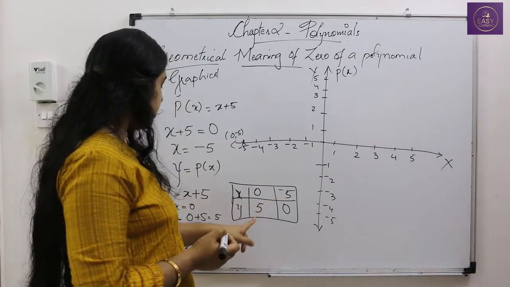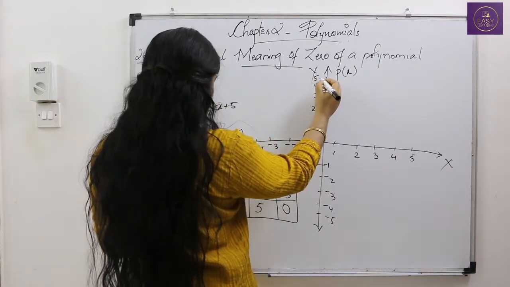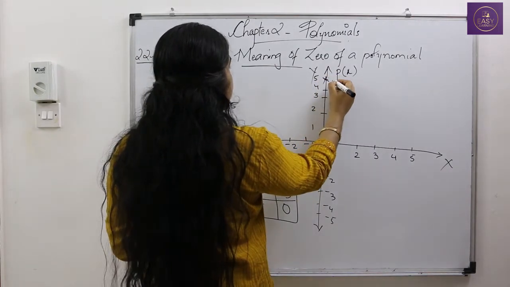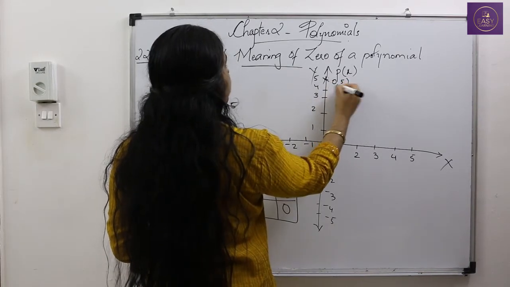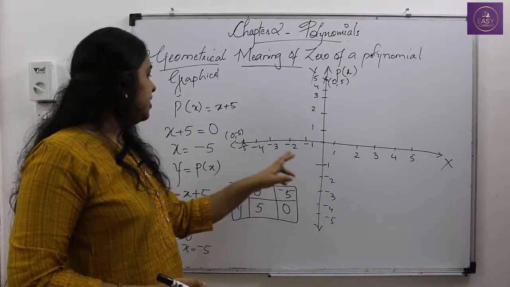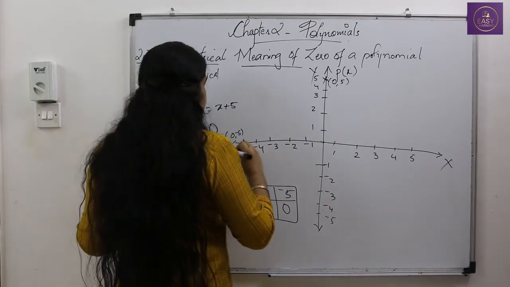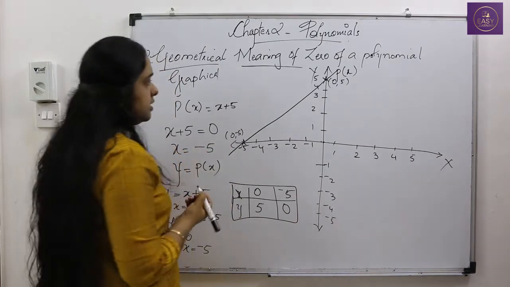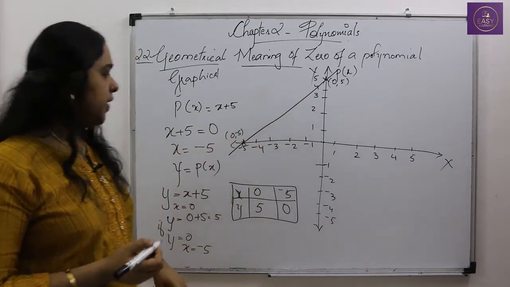Next point is 0, 5. So this will be the second point. 0, 5 and minus 5, 0. And our graph will be a straight line cutting these 2 points.